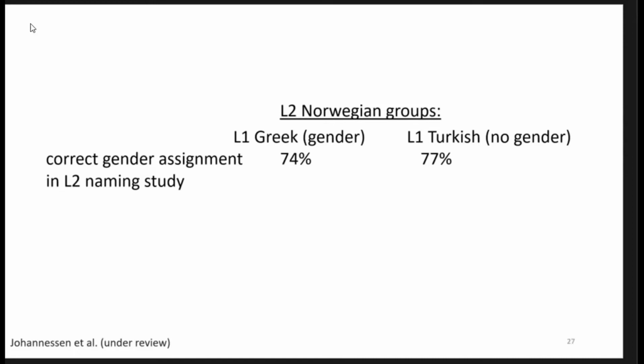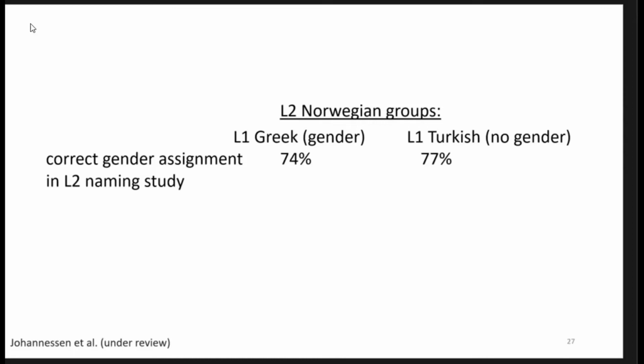And 2 of the L2 groups were L1 Greek speakers. So Greek has gender, just like Norwegian, and L1 Turkish, and Turkish does not have gender. And both groups were matched in terms of proficiency, in terms of gender assignments. So that was really nice. Actually, the L1 Turkish were numerically a little bit better, but I don't think that was statistically significant.